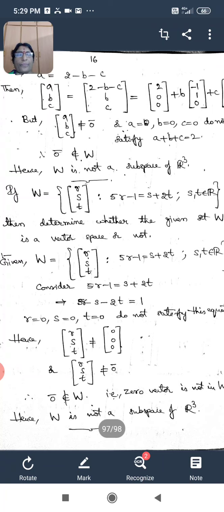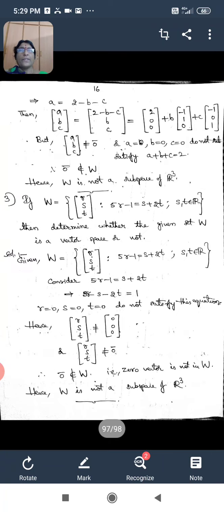But by the experience in the above problem, we have seen that even if we write that vector A, B, C as a linear combination, after that we have seen that the zero vector is not in W. So in this problem, first of all, let's verify whether the zero vector is in W. Then we can move on to write.